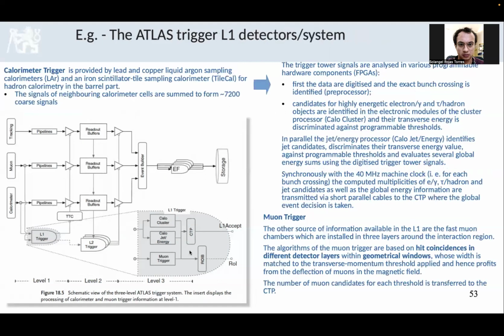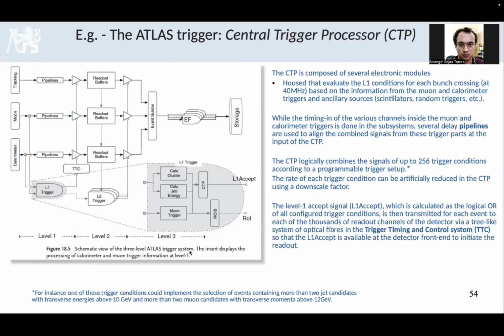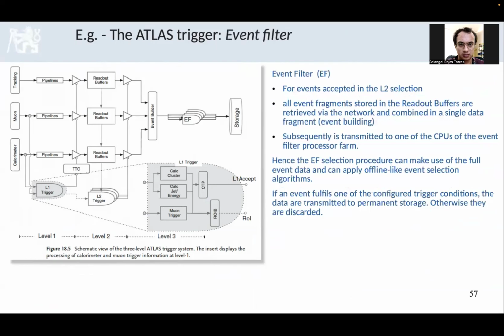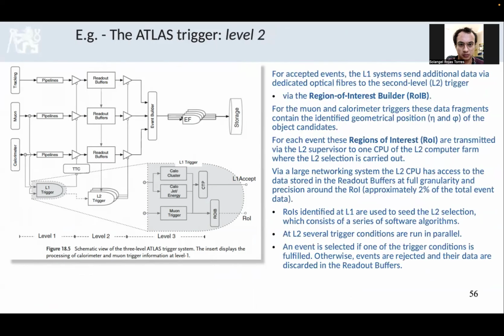I think this is too much detail. There is a part on level 2. For example, they have defined some regions of interest, and they produce specific triggers, but mostly this is already level 2, the second level of trigger, which is this thing here.